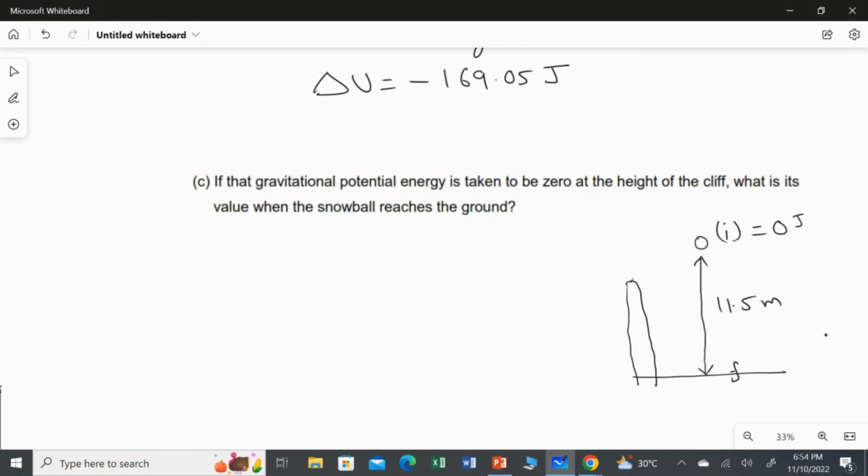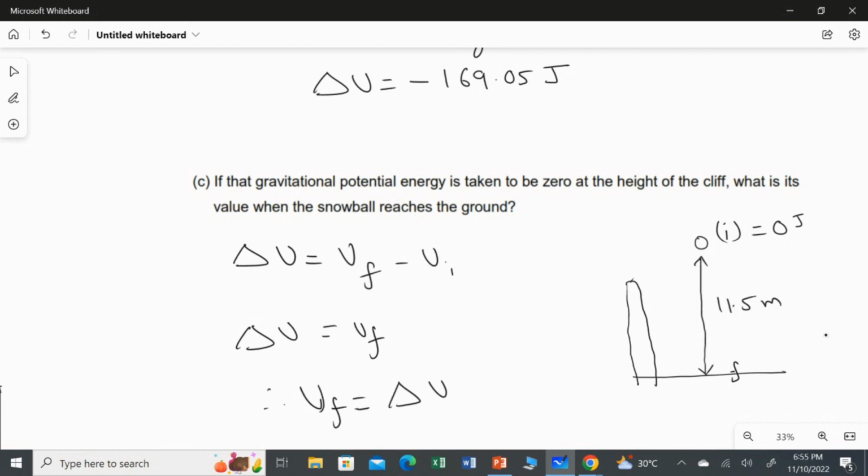So we are going to find the final value. The change in potential energy is equal to the final potential energy minus initial potential energy. The initial potential energy we take as zero. So delta U is equal to UF. Therefore, the final potential energy has the same value as the change in potential energy. Am I right?